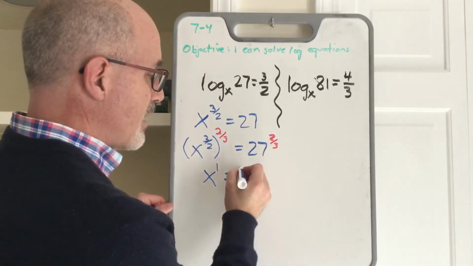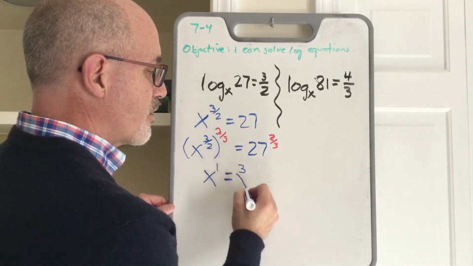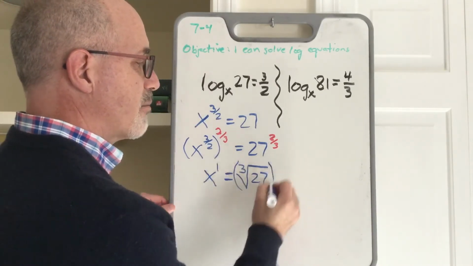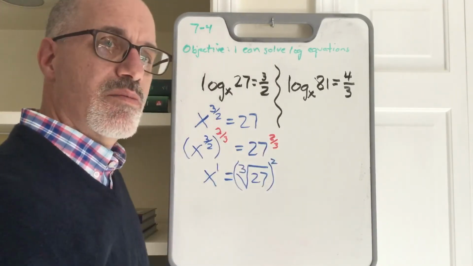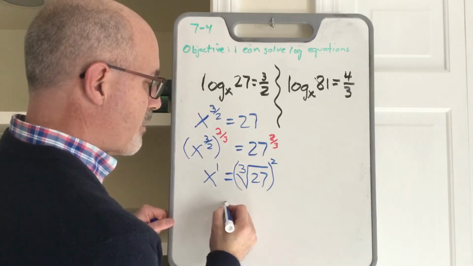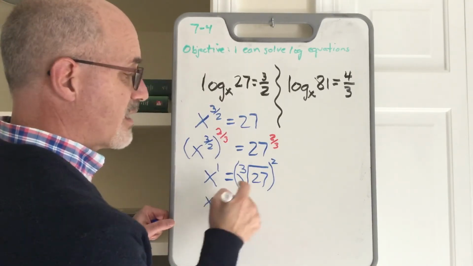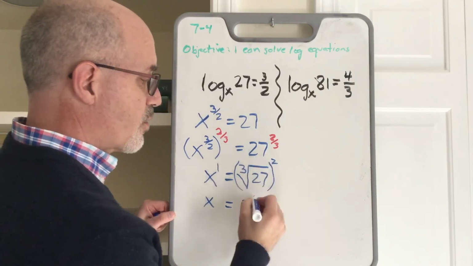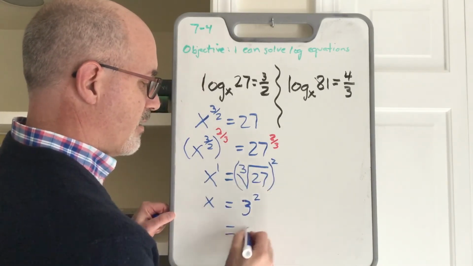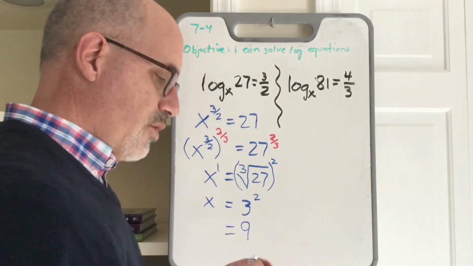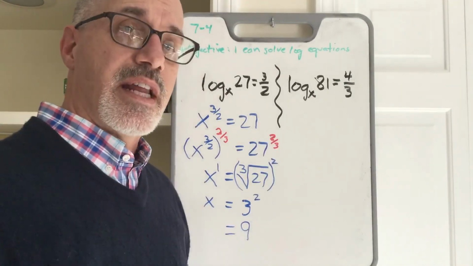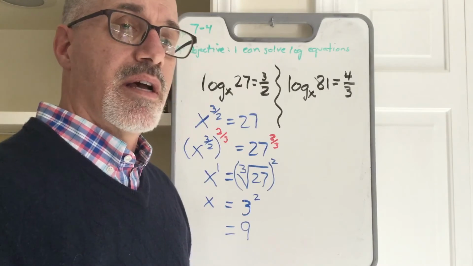The denominator's a 3, so I make that a 3rd root of 27, and then I square it because that's the numerator. The 3rd root of 27 is 3, squared gives me a 9 for an answer. So go ahead and pause the video and try this one. See if you can find an answer, and I'll come back and help you with the solution.